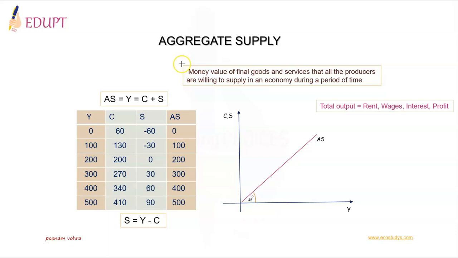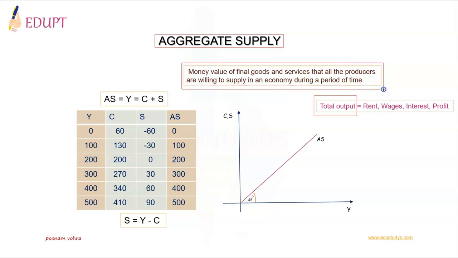Aggregate supply is total output in an economy, which is the money value of final goods and services that all the producers are willing to supply in an economy during a period of time. Output in monetary terms is income.